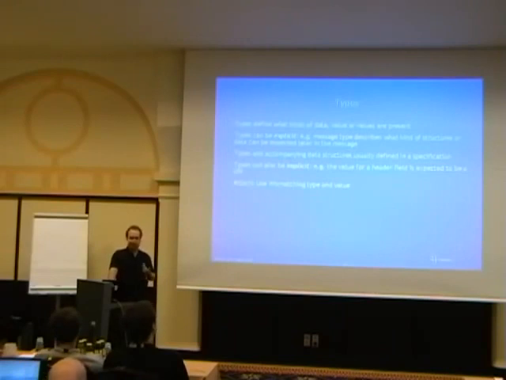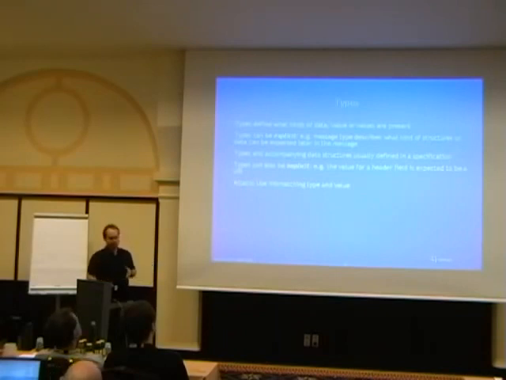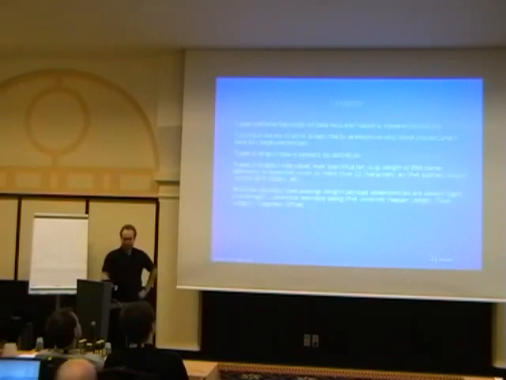So this kind of type information can also be implicit in that sense. So you should always try to mismatch your types and values. You should always try to tweak the types, use types that are not defined in the specification.